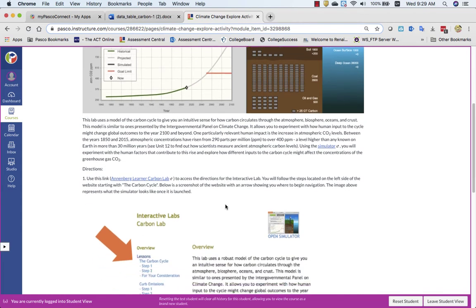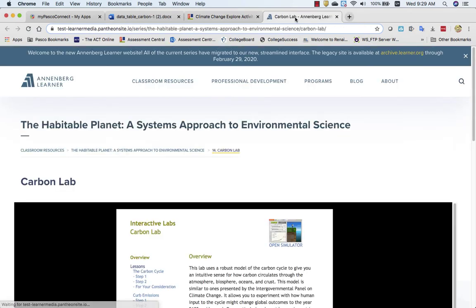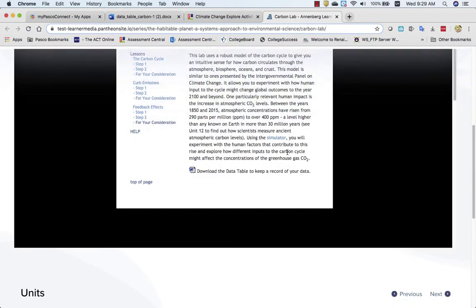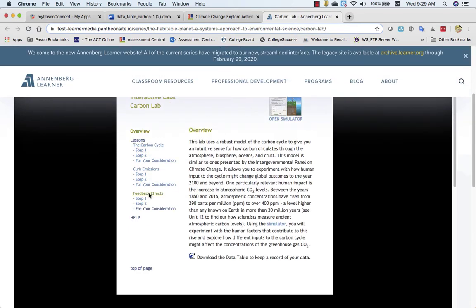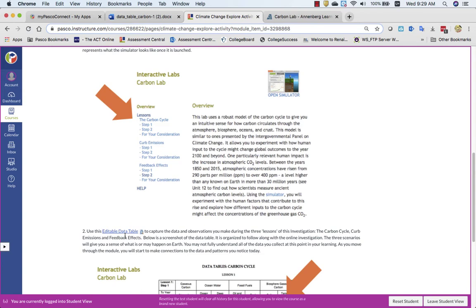This first link right here takes you to the simulator, and you can click on that and it will open it up in a separate tab. It gives you directions, and these are active links that will take you to each part of the lab. We're going to do all 3 of these parts, but not all of the parts. There is a data table here that you can use, and it is the same data table that is right here on the Canvas page.